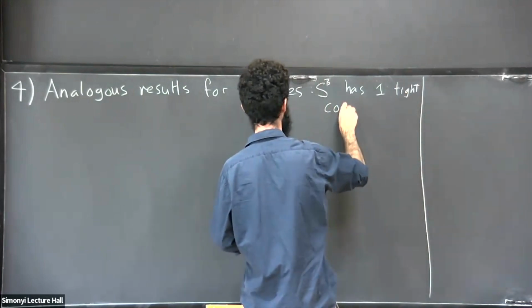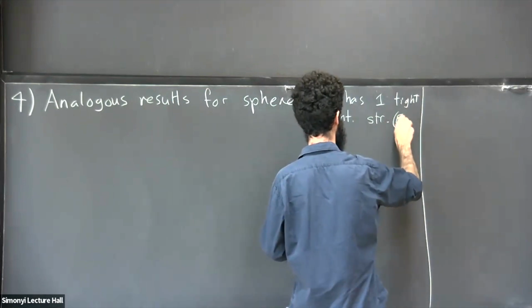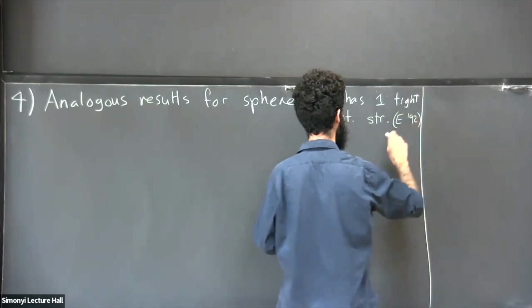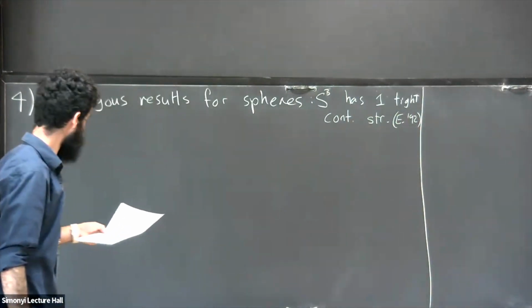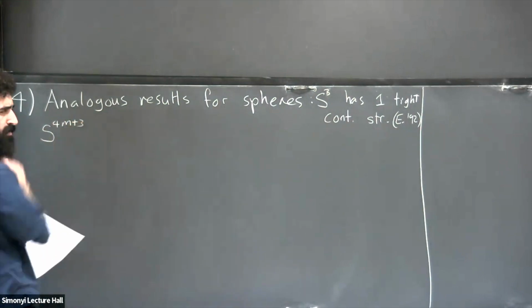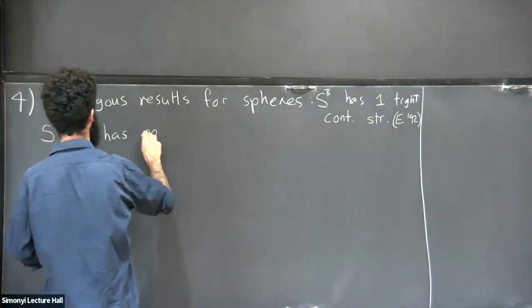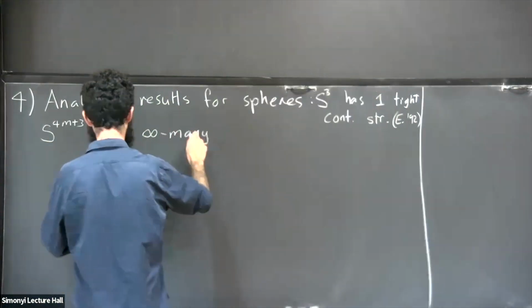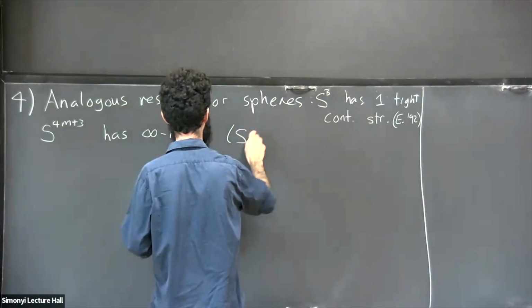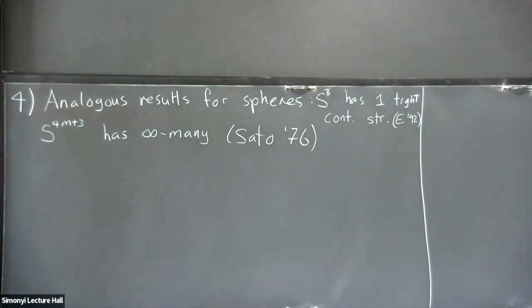I always mean up to isomorphism. That's also a theorem of Yasha, apparently from 92. And then for the spheres in dimension 3 mod 4, they have infinitely many tight contact structures. And this is an old theorem of Fauteux in 76. He showed there's a tight contact structure in every homotopy class of almost complex structures, and there are infinitely many of those.